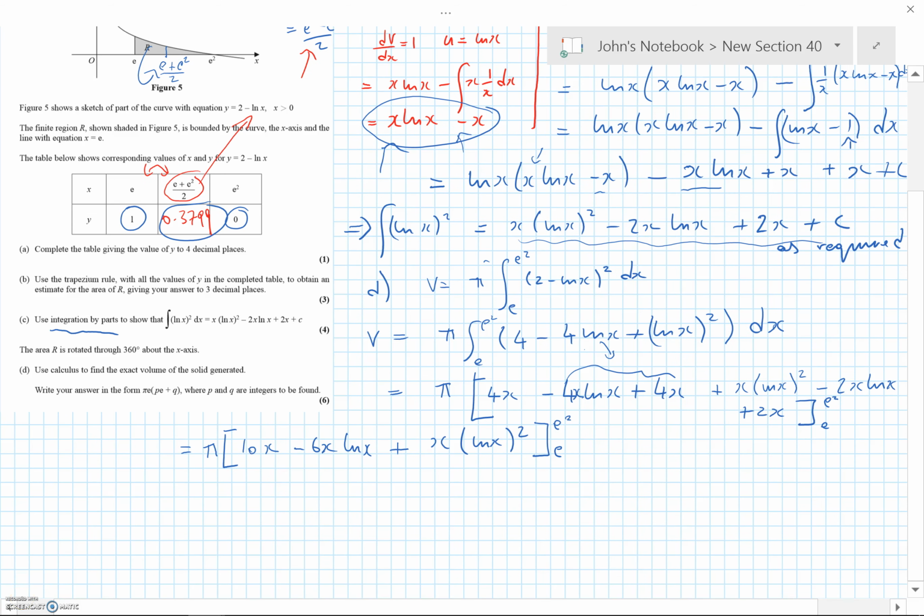So now that's tidied up, we're just in a position to be able to put the limits in.